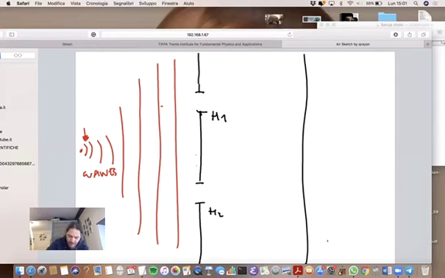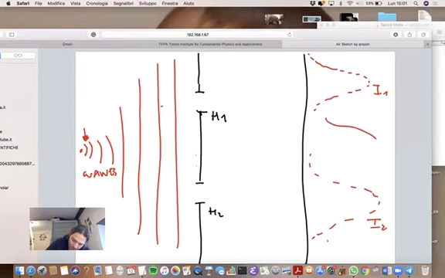Now remember, let me draw how the intensity was supposed to be when the waves were crossing a single hole. Now, the observation when you have both holes open at the same time is something radically different.